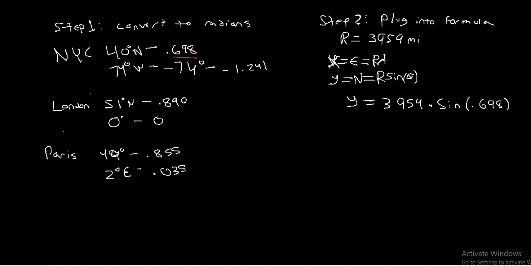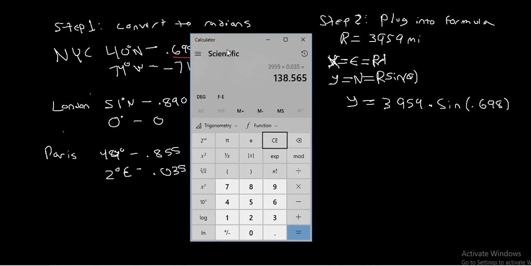We bring up our calculator, making sure it is in radians, and take the sine of 0.698 to get 0.642.